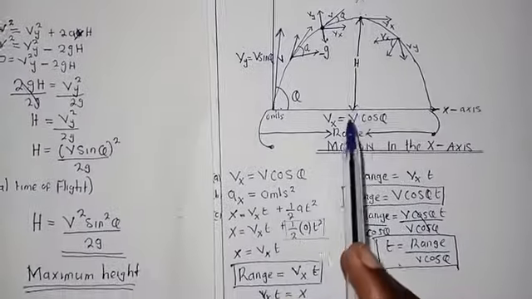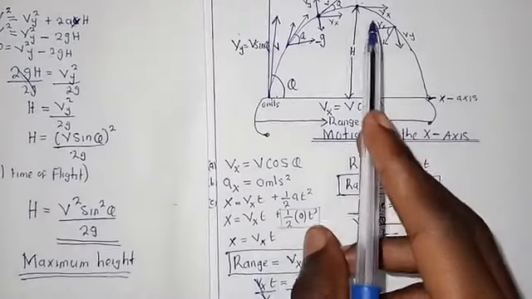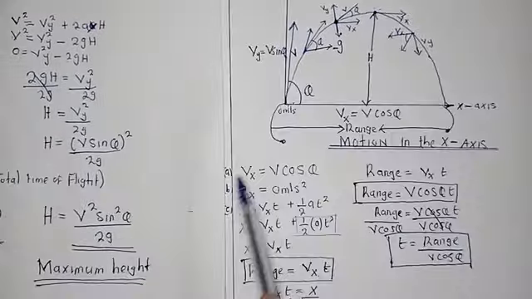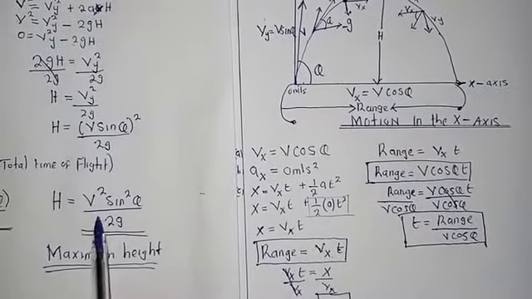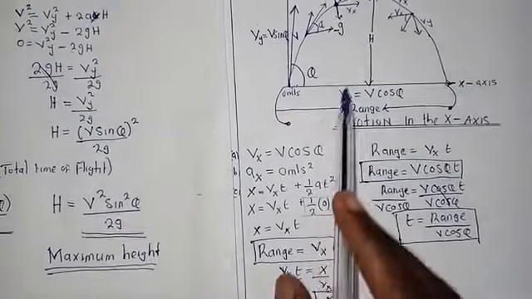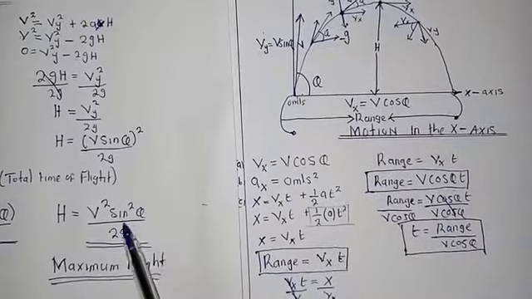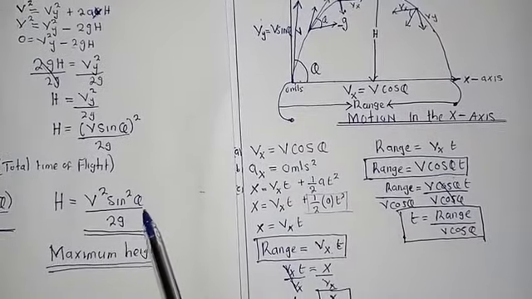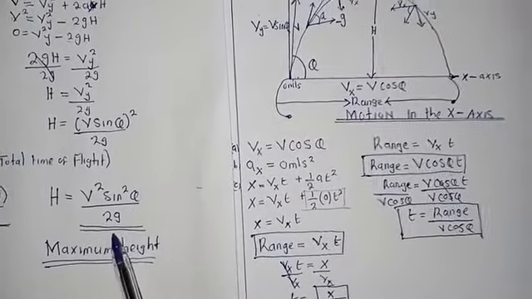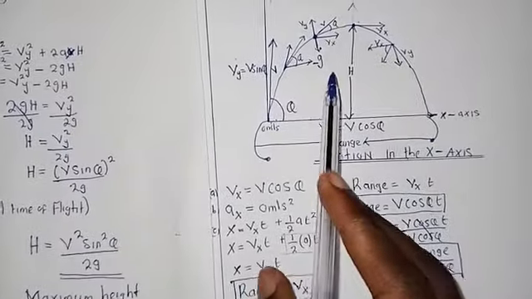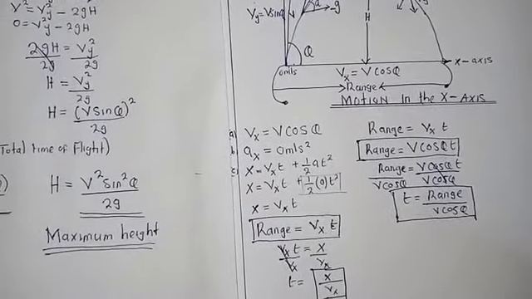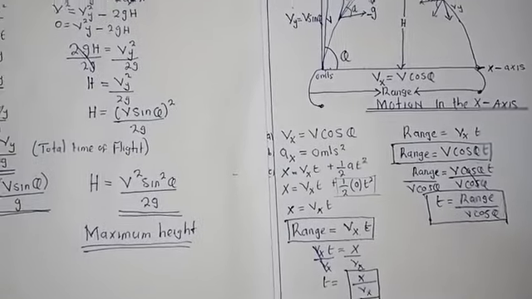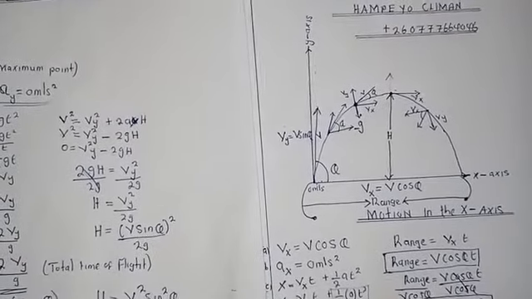Then if you want to find the maximum height from here to here, the formula given is this one, where this v is simply the velocity given, v squared sine squared theta over 2g, where g is simply the gravitational field force, or the acceleration due to gravity. Okay, so this is very simple.